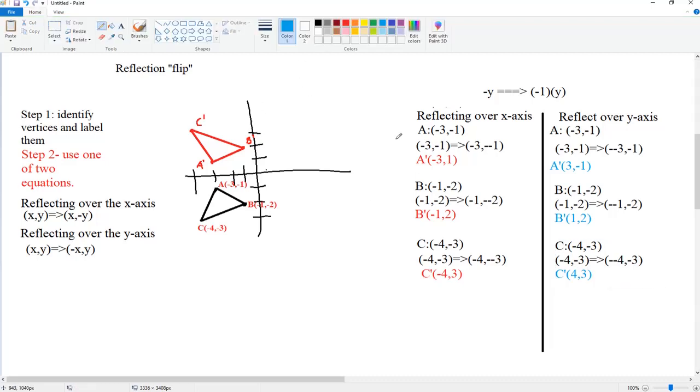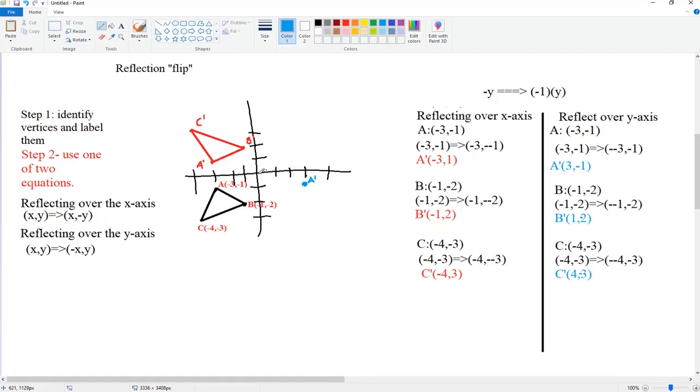So I know that A prime is going to be 3, negative 1. So let me do this. 1, 2, 3, 4. So it'll be 3, negative 1. So this is going to be my A prime. My B prime is 1, negative 2. This should have been a negative 2, because this should not have changed signs. And that should also be a negative 3, because that did not change signs.